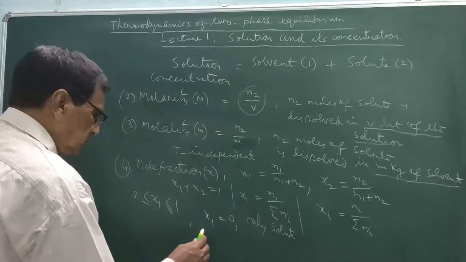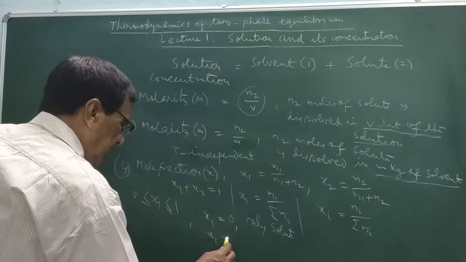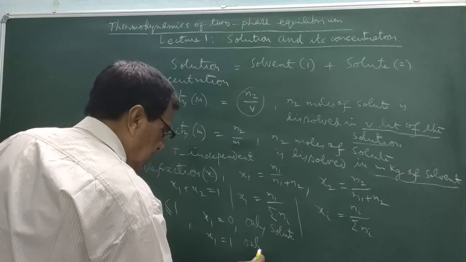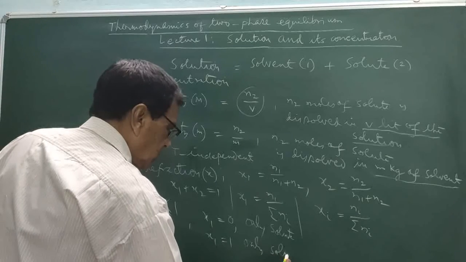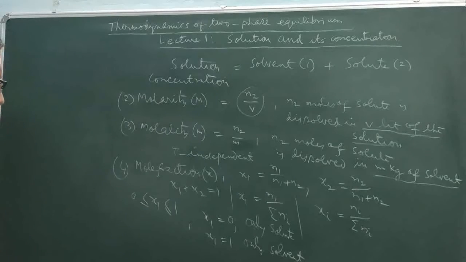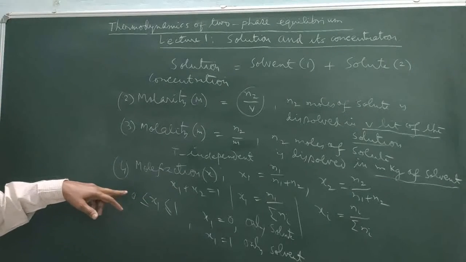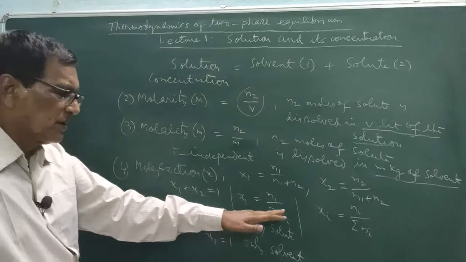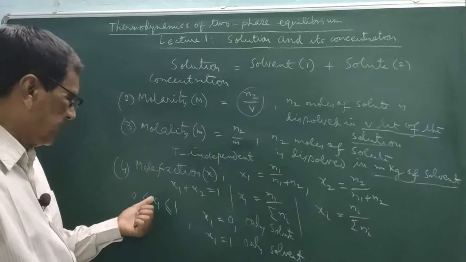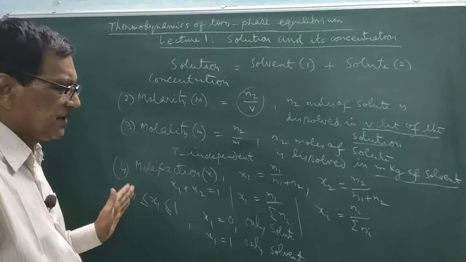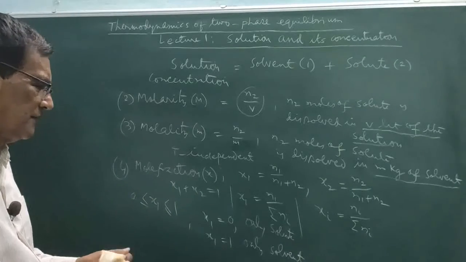And x1 equal to 1 means only solvent, no solute, pure solvent. So in the case of solutions, x1 has the range from 0 to 1, as two components, solute and solvent, are both present in the solution. So the value of x will be a fraction, greater than 0 and less than 1.